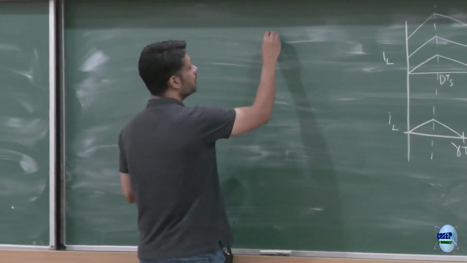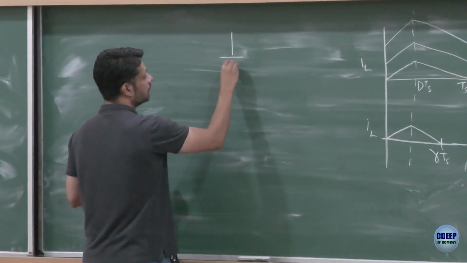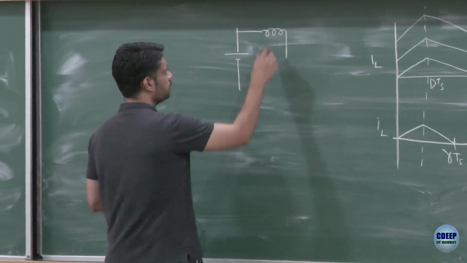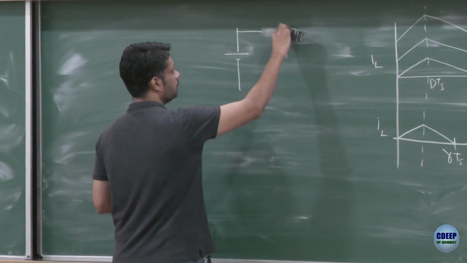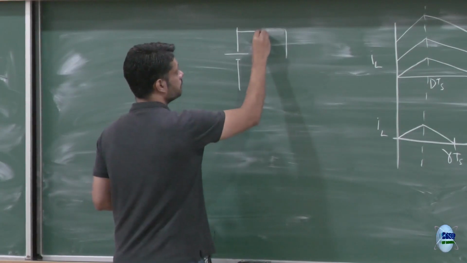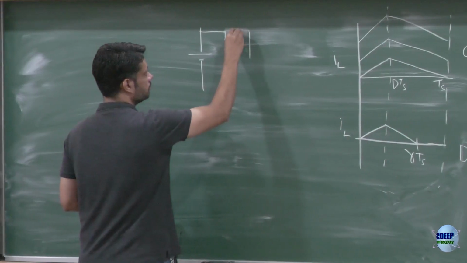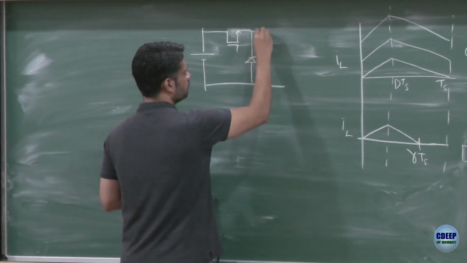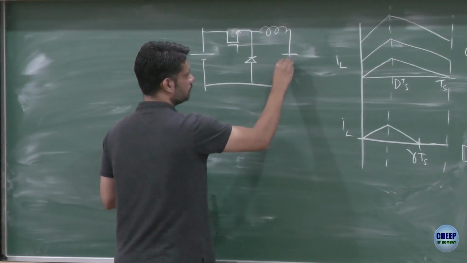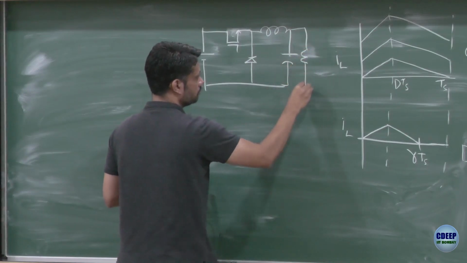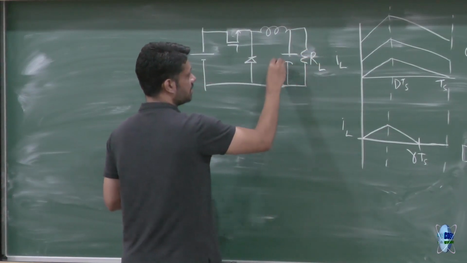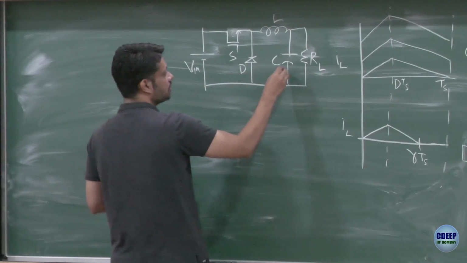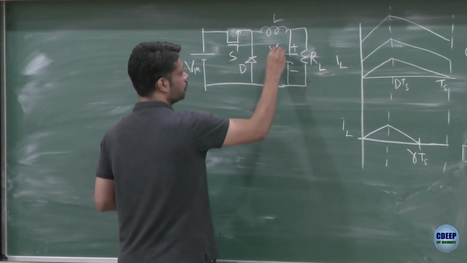Let me also draw a buck converter: this is the load resistance, this is the capacitor, inductor, diode, switch, input voltage and output voltage.